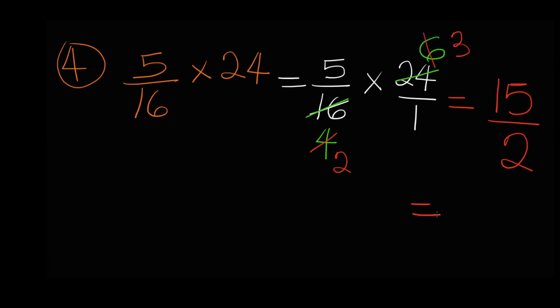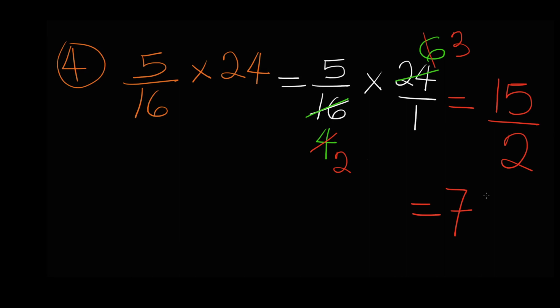Very good. In one of our videos, we learned how to convert from improper fraction to a mixed fraction. Taking a look at this fraction, you realize this is an improper fraction. Let us convert to mixed. 2 in 15 is 7.